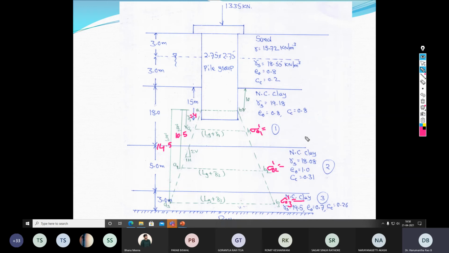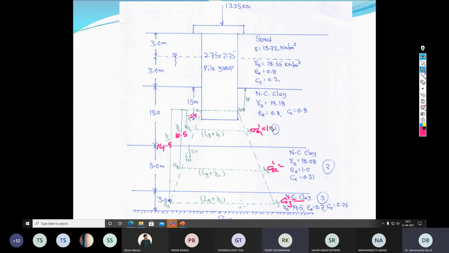Anyone? What is the value of sigma naught dash 1 at middle of the layer number 1? Sir, 15.72 into 3. Yeah.